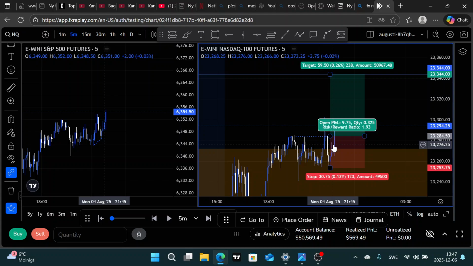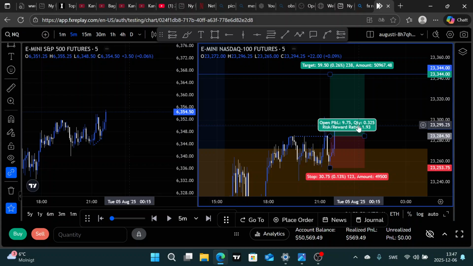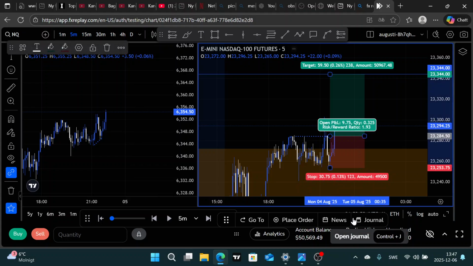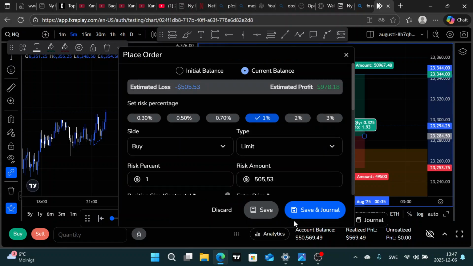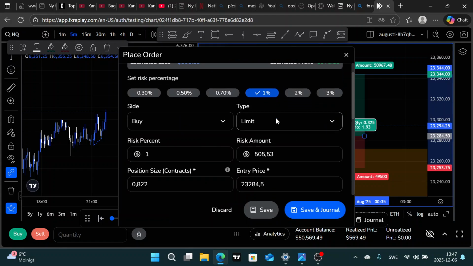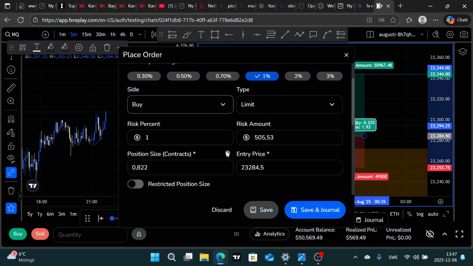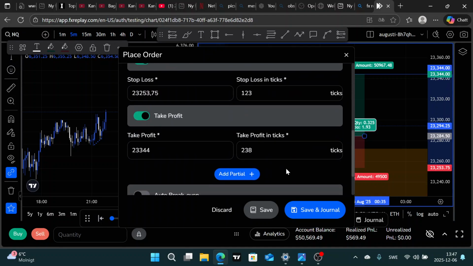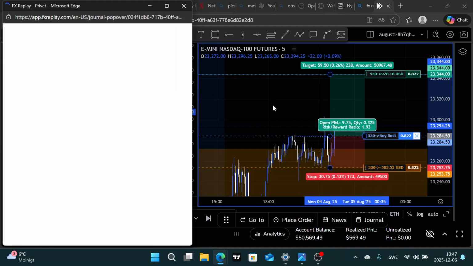So we will see what will happen. We place the order by clicking place order, and choose how many percent of your account you want to risk. 1%, stop loss, everything, and save and journal.